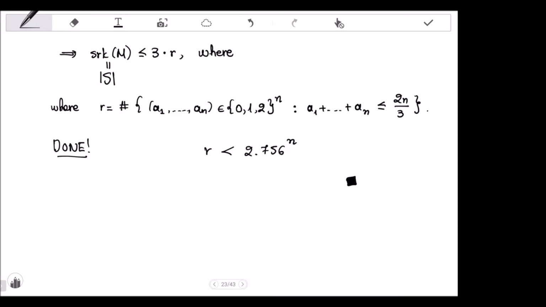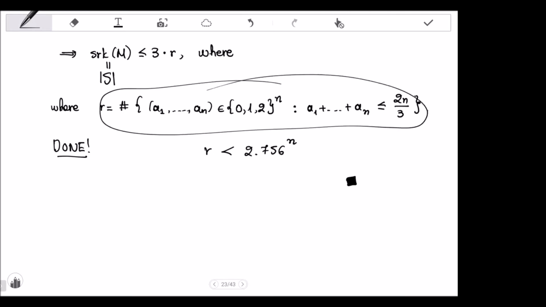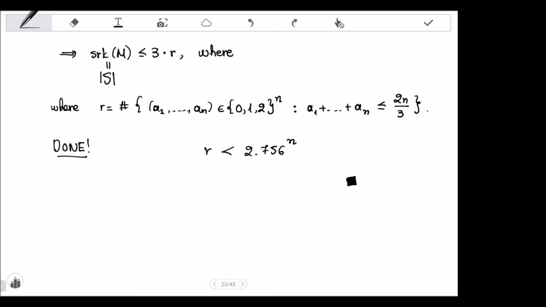But I think the point is that this problem we have reduced to, just controlling this r, has nothing to do with cap sets. Okay, so it's just a combinatorial problem about n tuples. And you have to have a clever idea about how to control it, but it's possible. So we will see it, but I think it's more instructive for now to go to the slice rank lemma and explain this.